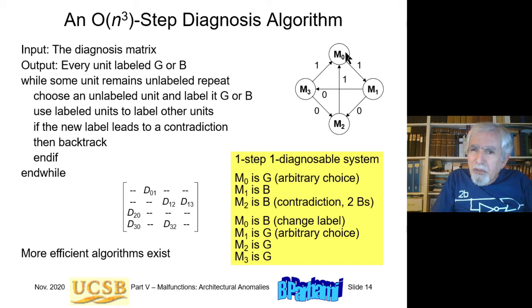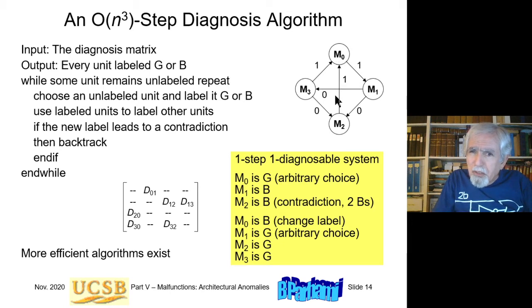Then if M0 is good, M1 must be bad given this test outcome, because a good module always makes the correct diagnosis about another module, and this test outcome is 1. Therefore, if M0 is good, M1 must be bad. M2 must be bad too, because M2 is saying that M0 is bad, but we assume M0 is good.